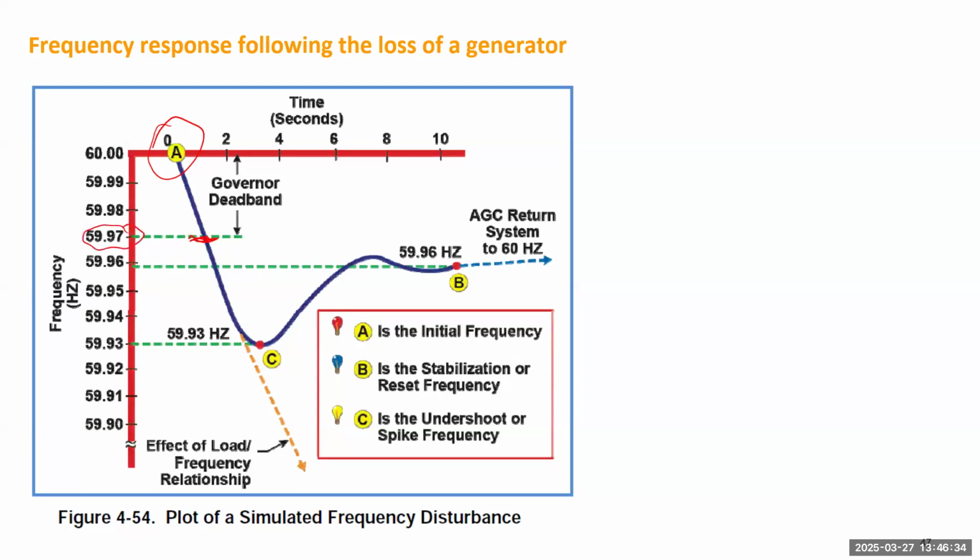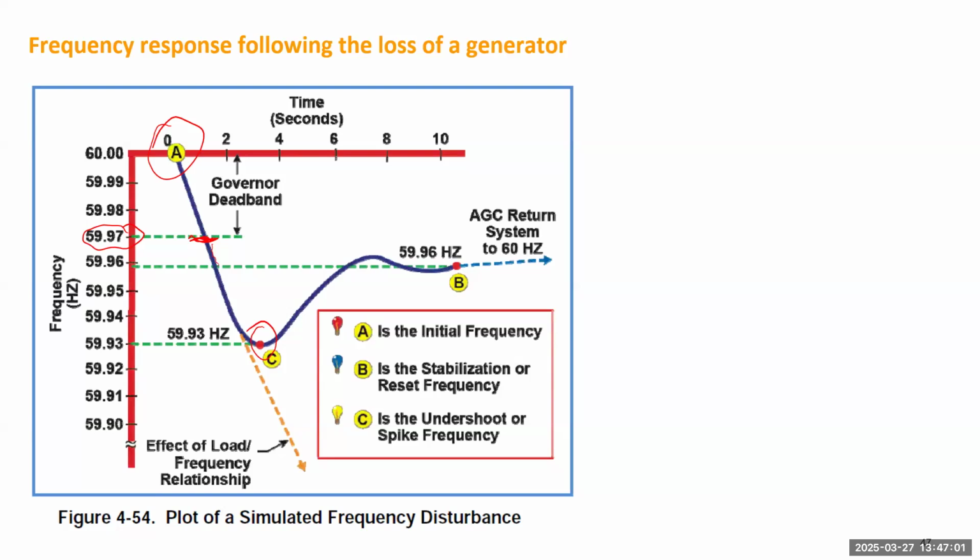This value is about negative 30 millihertz, which is the size of the governor deadband. Beyond this point, some governors will respond and try to do something. You see this line is a little bit curved, and eventually it will reach some minimal frequency and then go back.